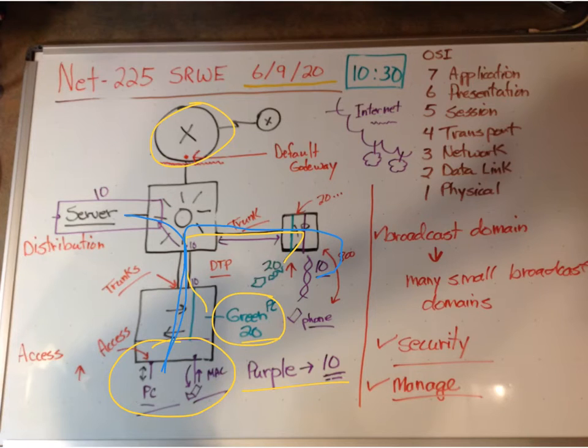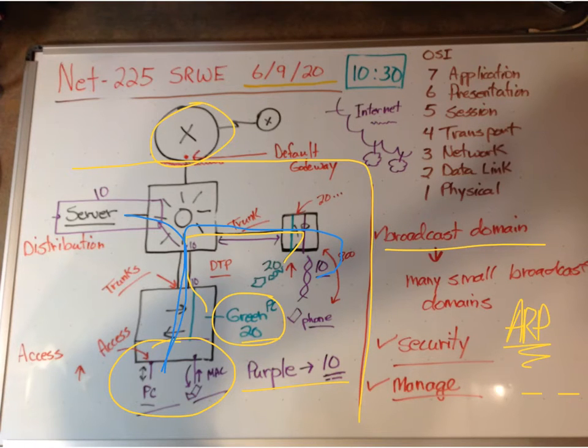So a couple key things. This whole area is a broadcast domain. And there can be a lot of devices in there. So every time a device needs to send something somewhere, it does an ARP, Address Resolution Protocol, uses the IP to match up with a MAC, and then it can send the information.